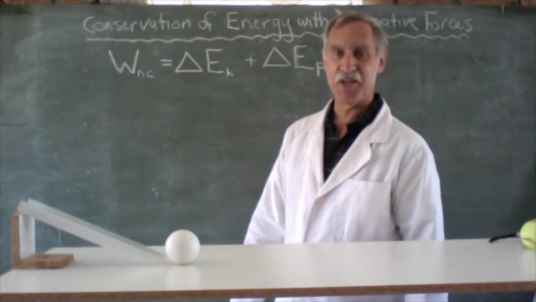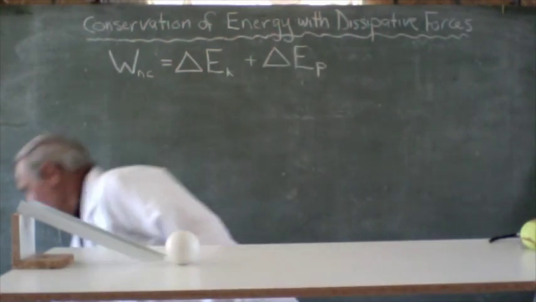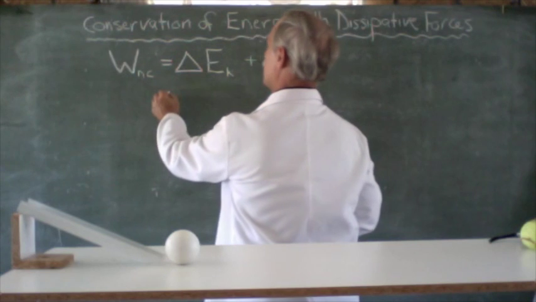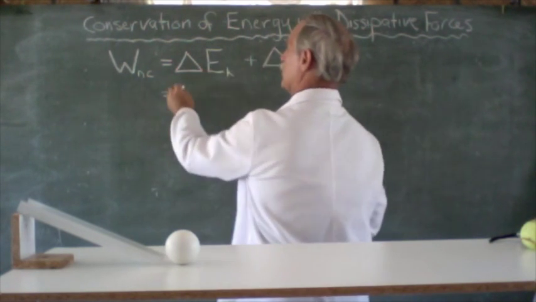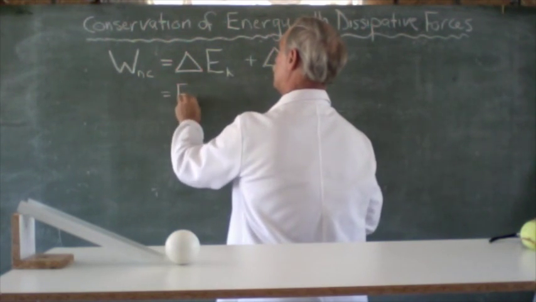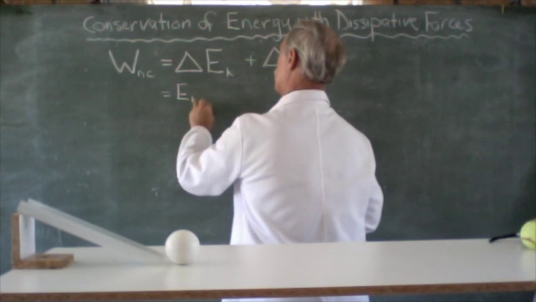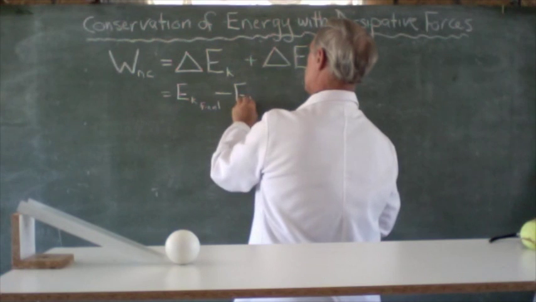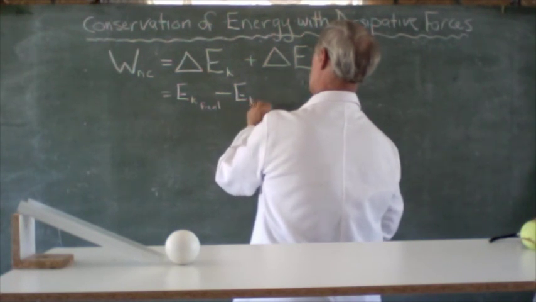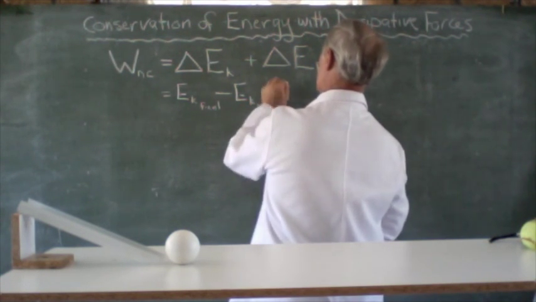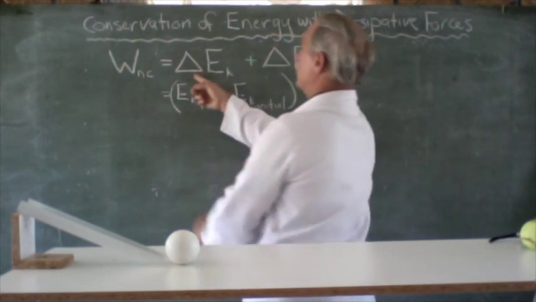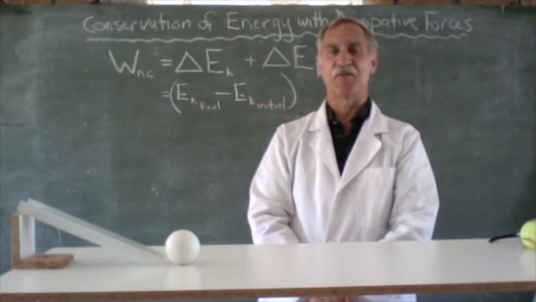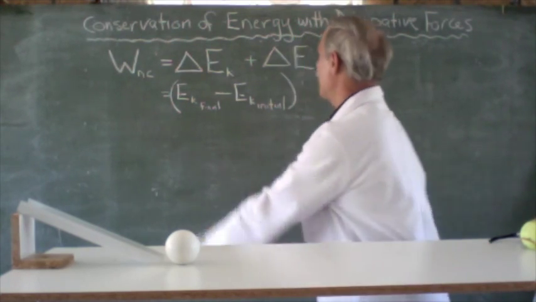Now whenever we see change or delta, we should immediately think that a change of anything is always the final, EK final, minus EK initial. The final state minus the initial state.